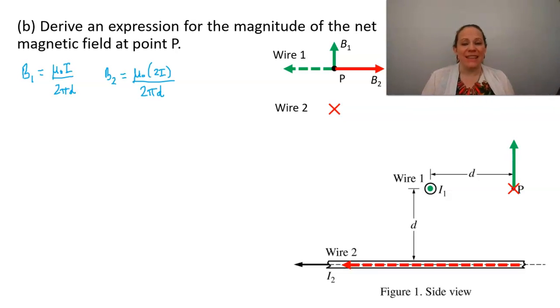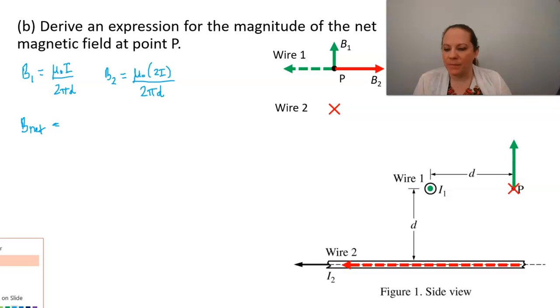So we're just going to leave it like that. We're not going to reduce it further so that we can more easily calculate the net field, because they will have a common denominator this way. So since they're at right angles, we can add them using the Pythagorean theorem.